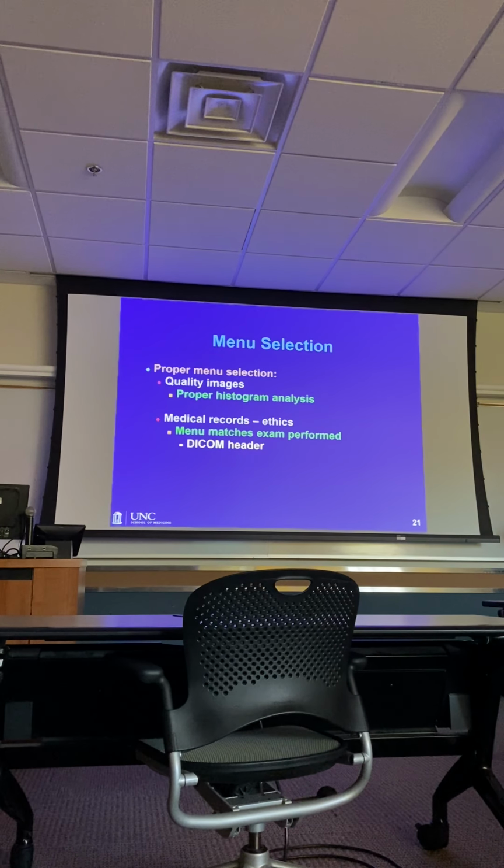And so you need that type of quality image, proper histogram analysis. There are also legalities in terms of menu selection, not only ethics, which is all I have up here. We'll talk about the ethics and the legalities behind proper menu selection tomorrow.